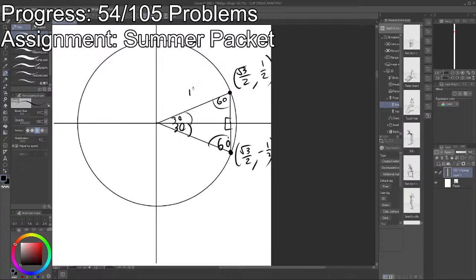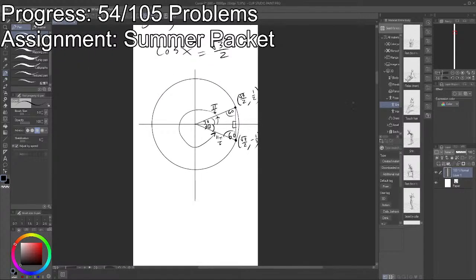This is pi over 6 for this distance. And then if you go all the way around, it's 11 pi over 6. So it should be the 2 answers.